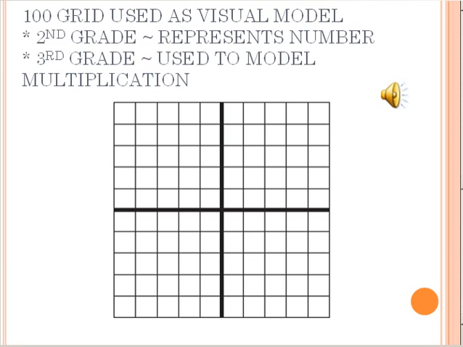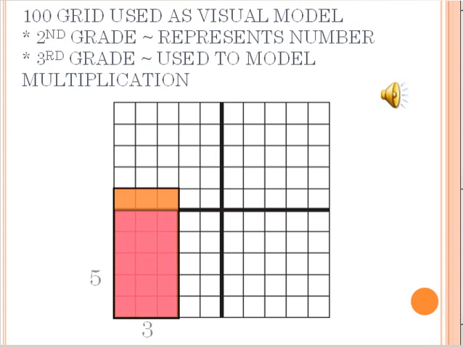In this slide, we're going to show you how a student might show 3 times 6. Notice the dimensions on the bottom are 3, and it's 6 tall. Again, using that 5, we can see the 5 mark underneath it. A student who's just learning multiplication may first see that there's a 3 times 5, which equals 15.